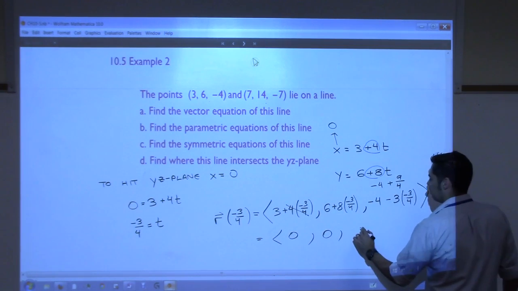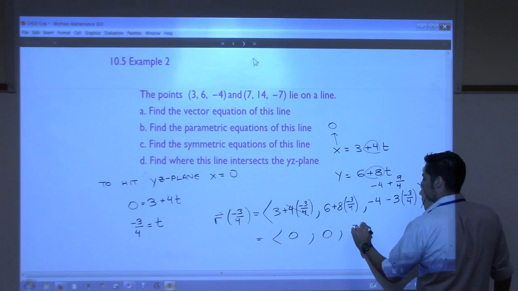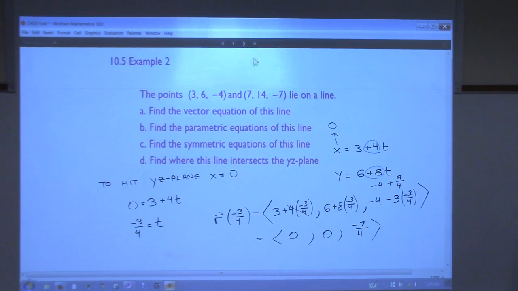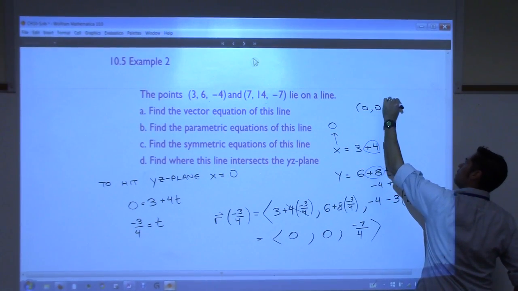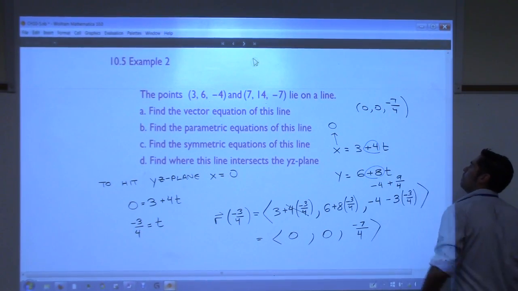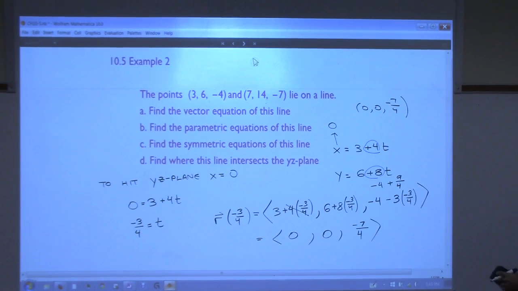Negative 7/4. That seem right? So if you look at this as a point, the point 0, 0, negative 7/4, that's where that line hits the YZ plane. We're done.